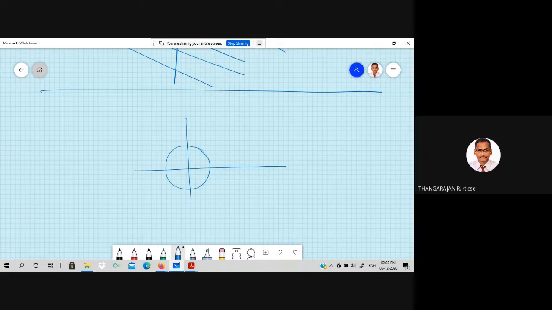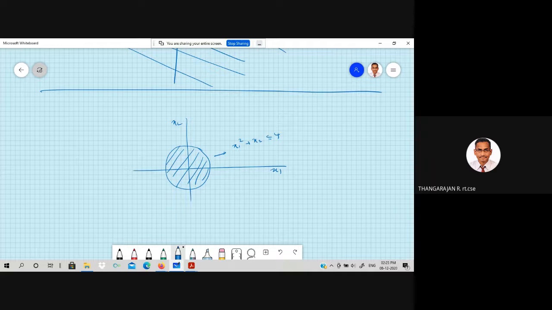That means the region inside. If it is greater than 4, it means the region outside.